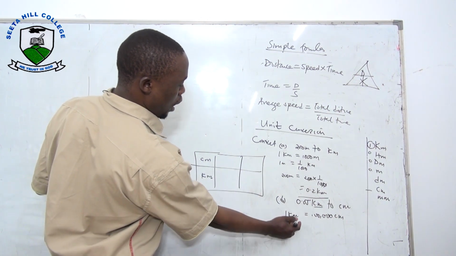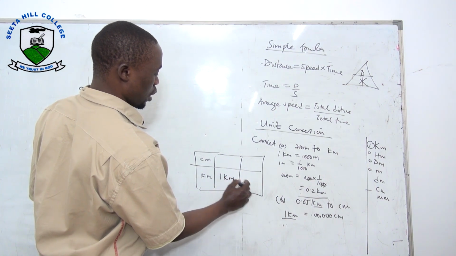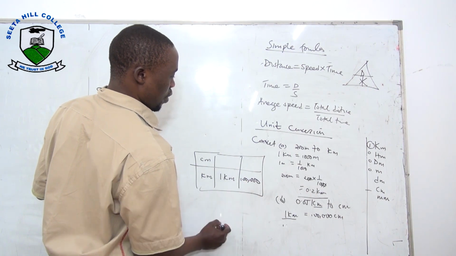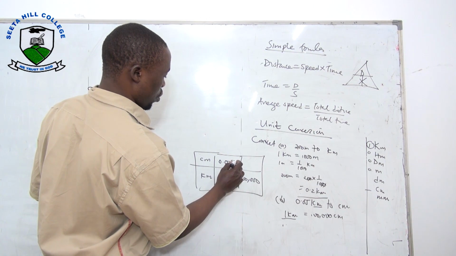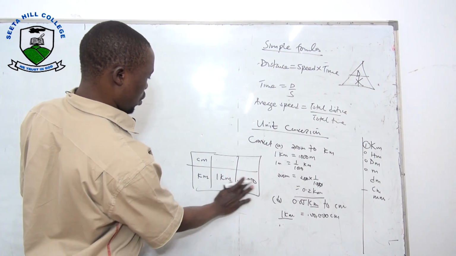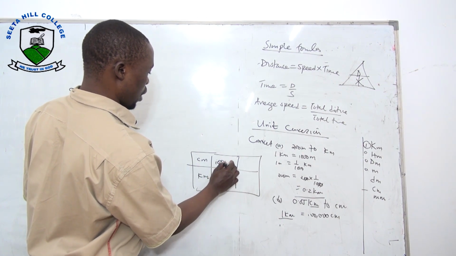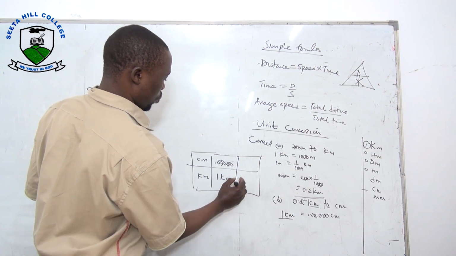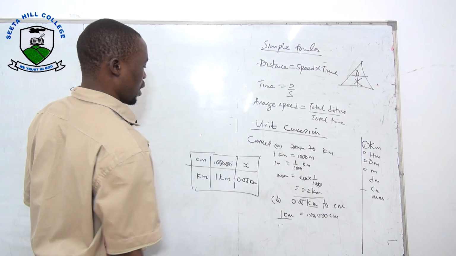Then 1 kilometer goes with 100,000 centimeters. Then 0.05 goes with what?